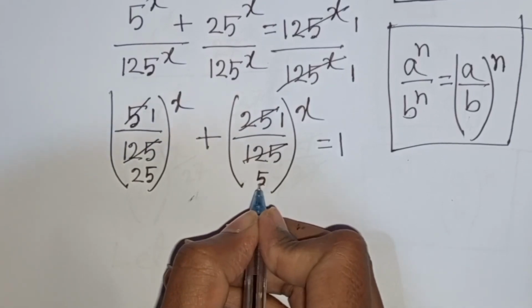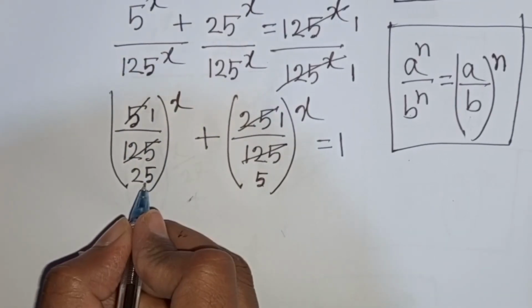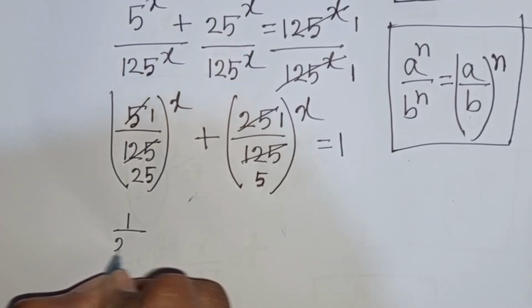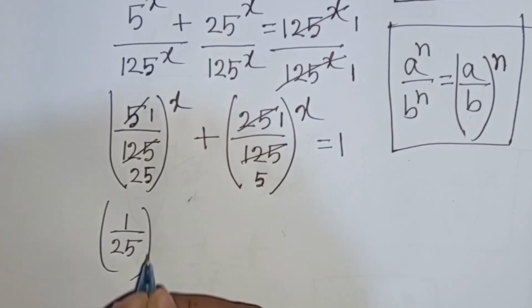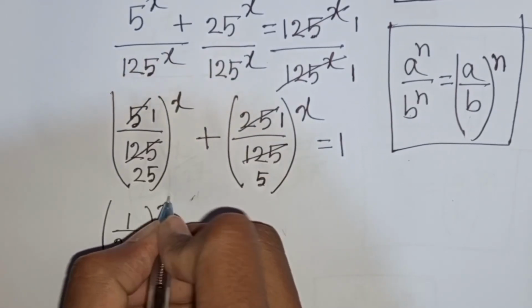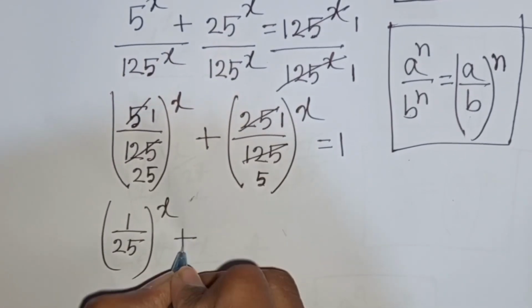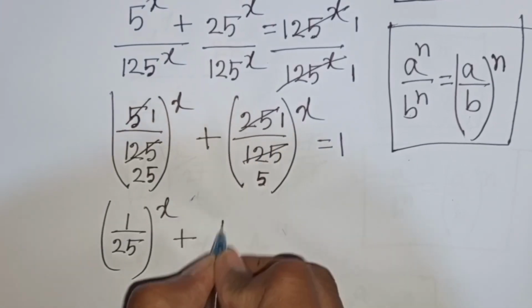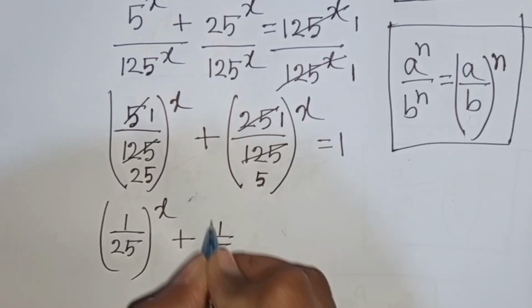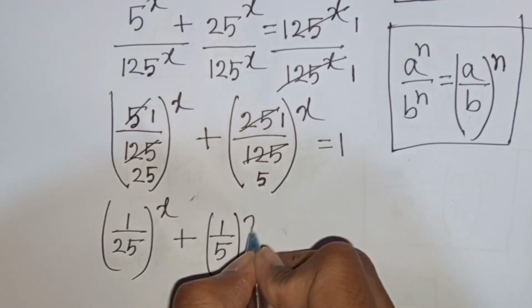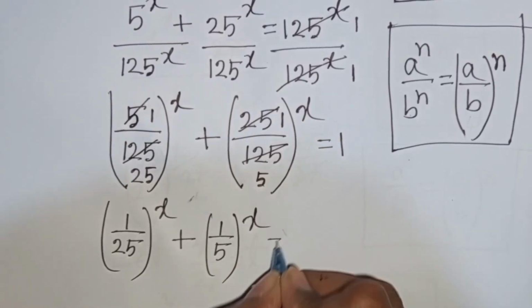So we have 1 over 25, then bracket power of x plus 1 over 5, then bracket power of x is equal to 1.